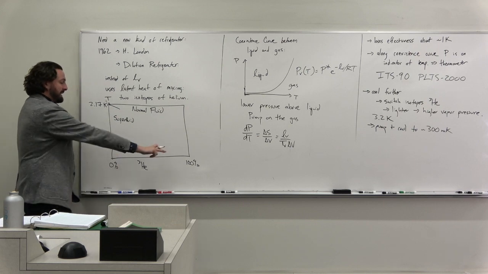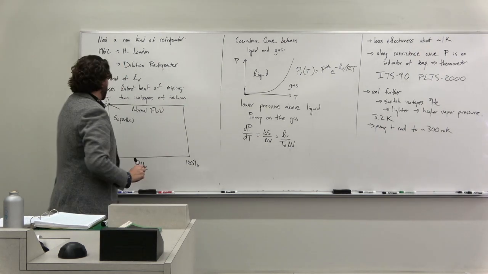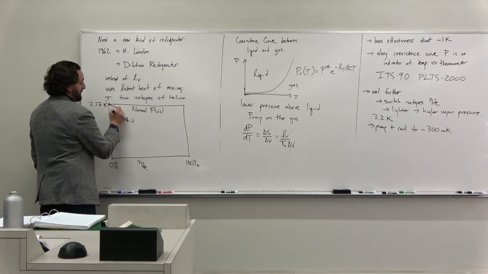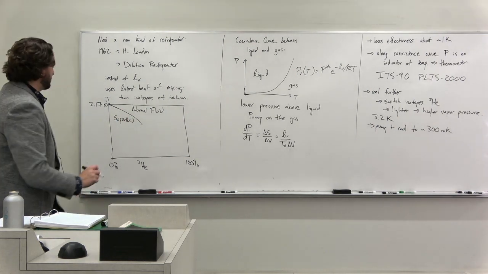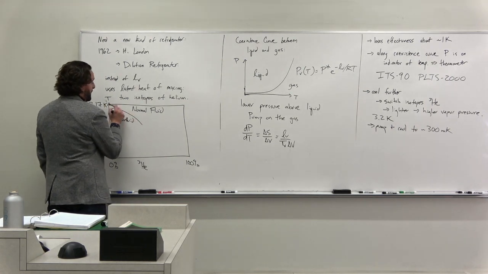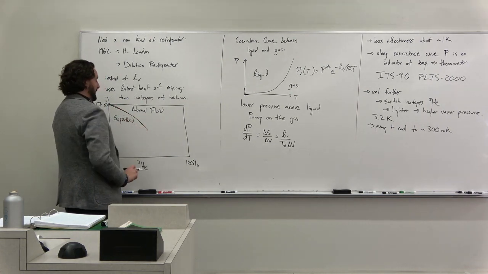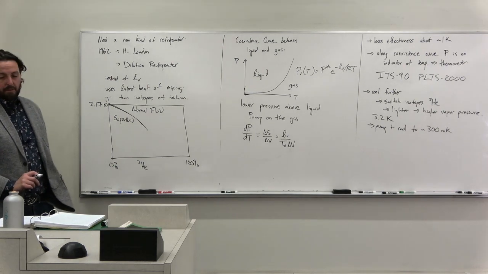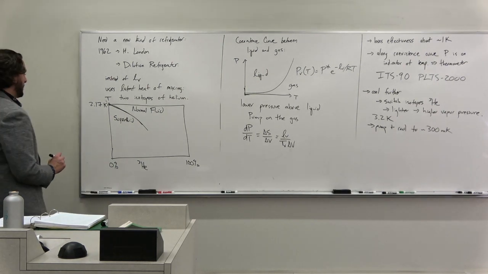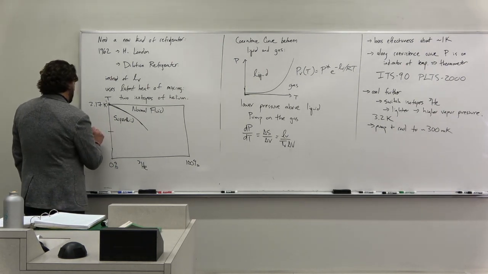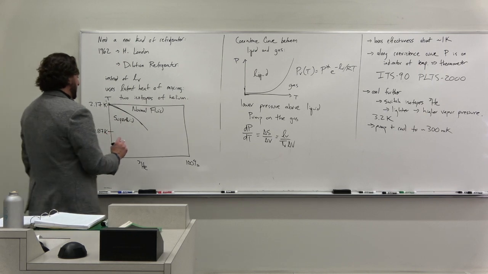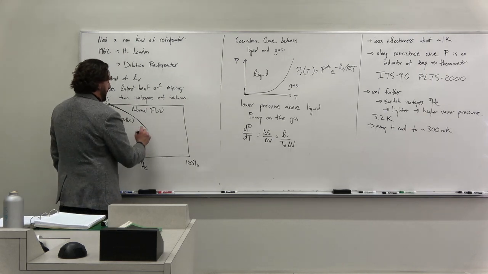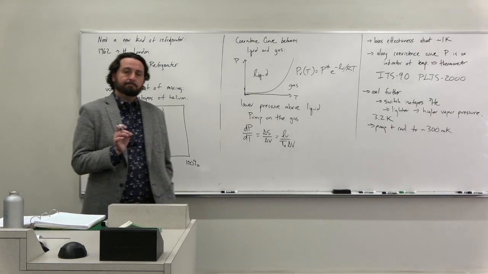But actually, as we mix helium-3 in, it decreases the superfluid transition, so it goes down, and it goes down, and it goes down until a particular temperature. So this temperature is going to be 0.87 Kelvin, at which the two phases of helium are no longer miscible.